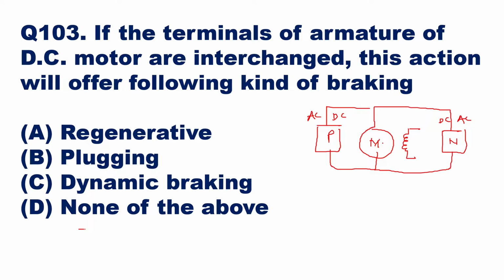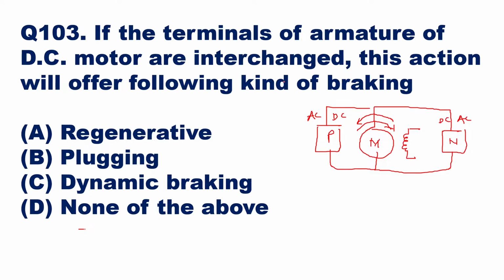Now if you apply the P converter, the motor will rotate in one direction, say clockwise. If you make the N converter work, then the motor will rotate in anti-clockwise direction. Now the question is asked, if the terminals of armature of DC motor are interchanged, this action will offer which kind of braking?